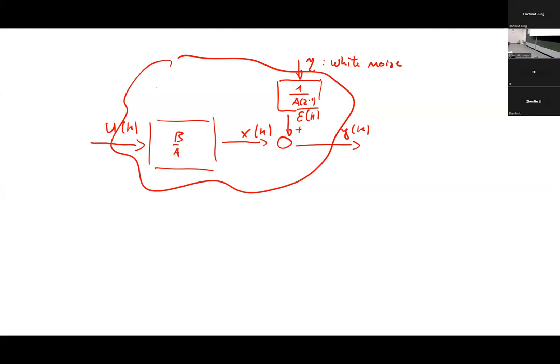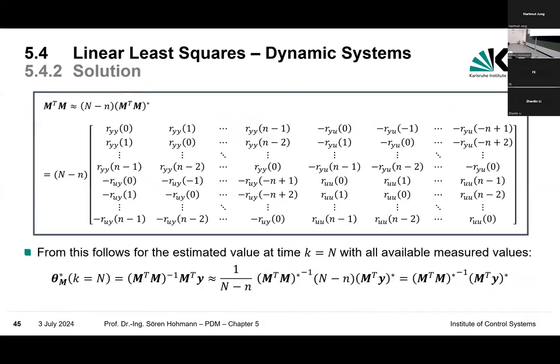Under which condition is epsilon also white noise, because then we are happy? Exactly, if A is 1, white noise goes to white noise. Now let's have a look at what it means that A is equal to 1.